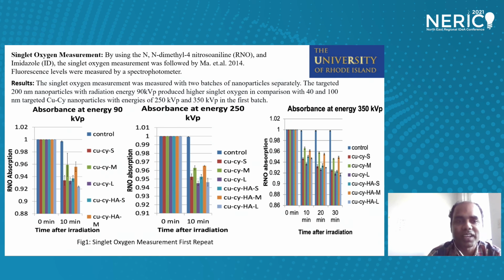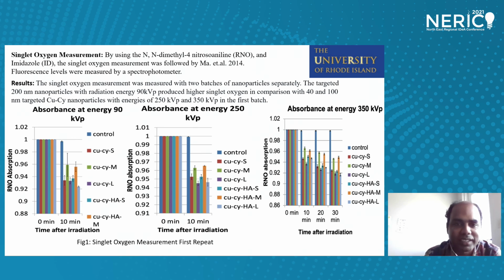So one of the factors could be that they produced more 200 nanometer radiation. Radiation therapy produced more singlet oxygen than the 40 and 100 nanometer for the first batch.